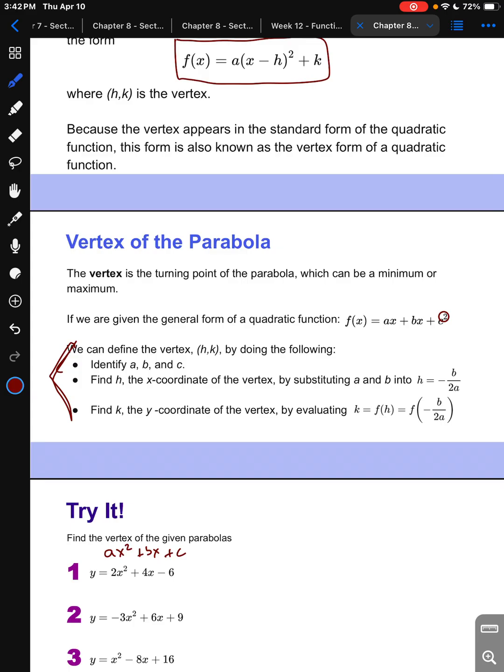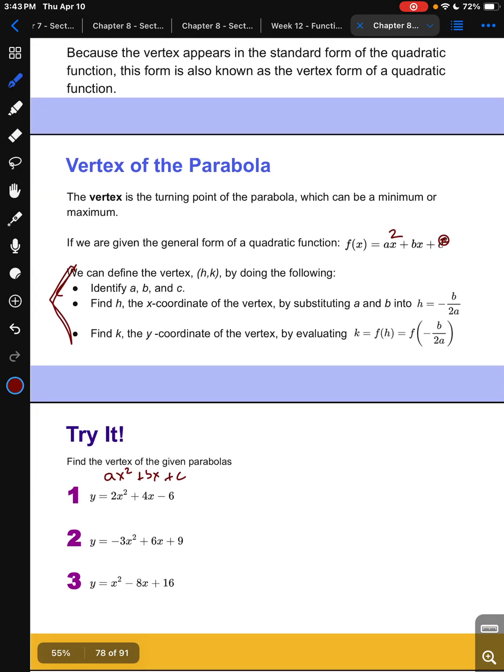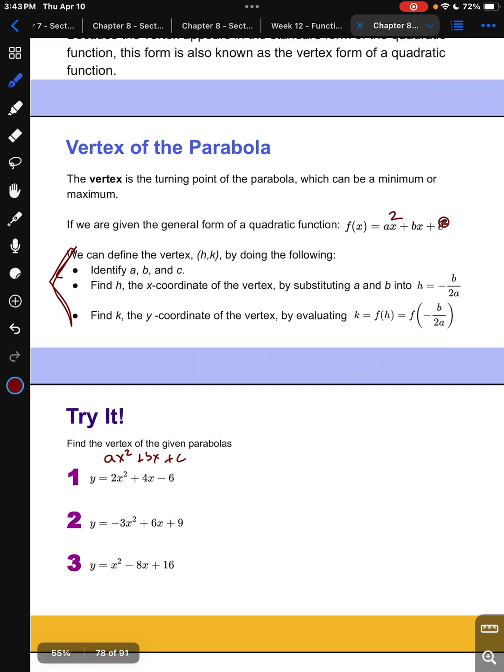That should be, the squared should be there like that. So I'm going to go for my h coordinate. H equals negative b, which is negative 4, over 2a, over 2 times 2, or negative 4 over 4, or negative 1. That's my h value. My k is equal to evaluating my function for this value.